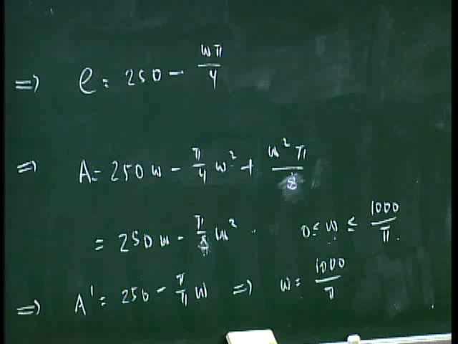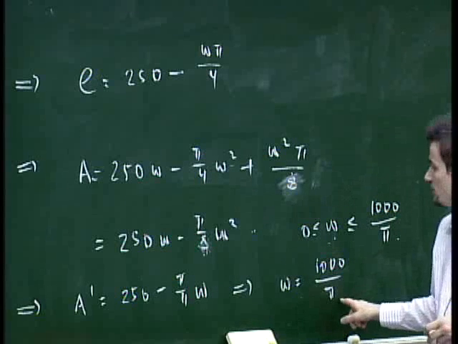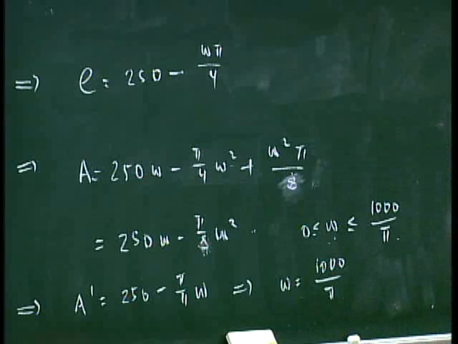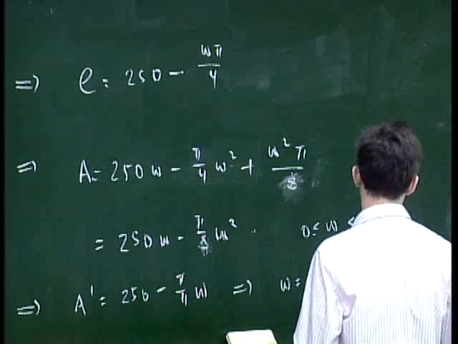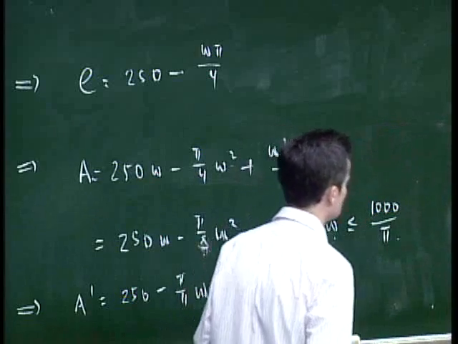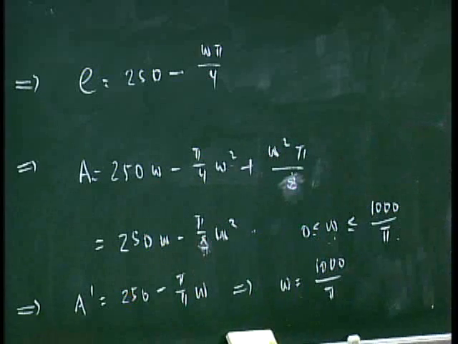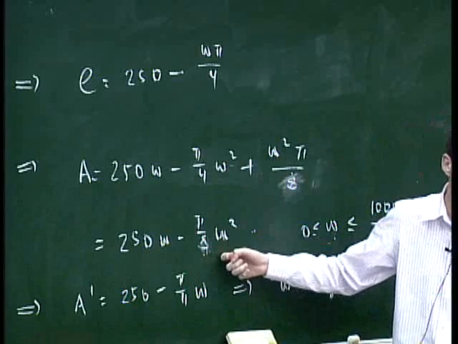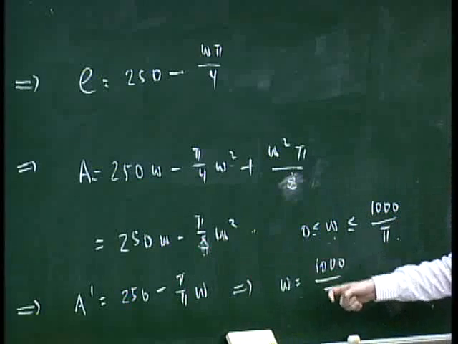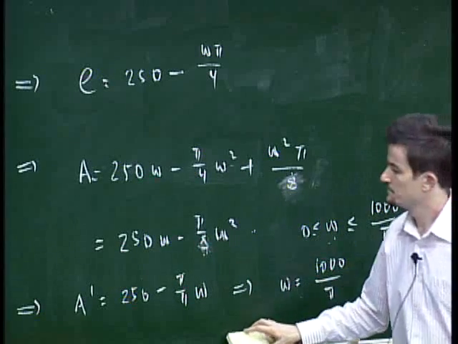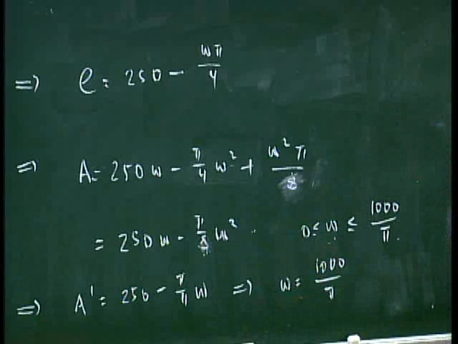In order to figure out whether we have really an absolute maximum here or not, we just use the closed interval method. So we have to evaluate the original function at omega equal to 0, but this is the absolute minimum, and this here will give the absolute maximum. Okay, so this is already the answer.